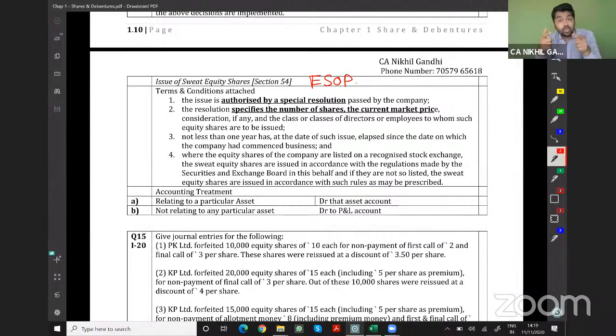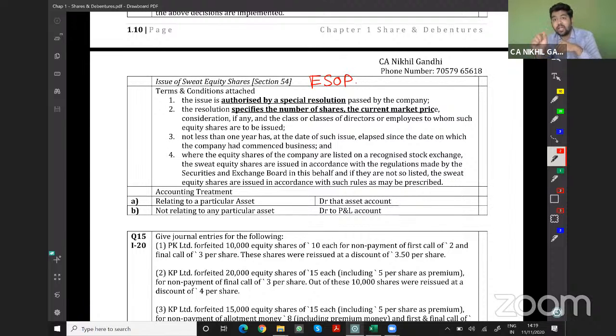Yes, but there is a small condition: you should work with me for 1 year. If you work with me for a year, I will provide you the 500 rupees share for only 40.